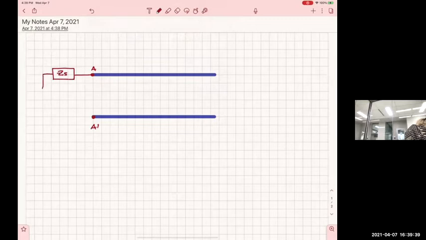And then here the load. So here's B prime, and then the load here.